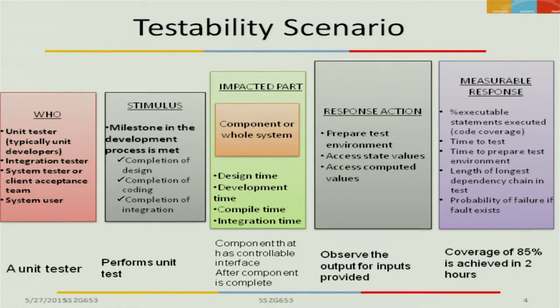But what I'm talking about is not that scenario. I'm talking about a fault that exists, and in spite of the fault being present, the system is not failing, but it is doing something. That's a very dangerous situation. So coverage of 85% is achieved in 2 hours. That could be an example of a measurable response.